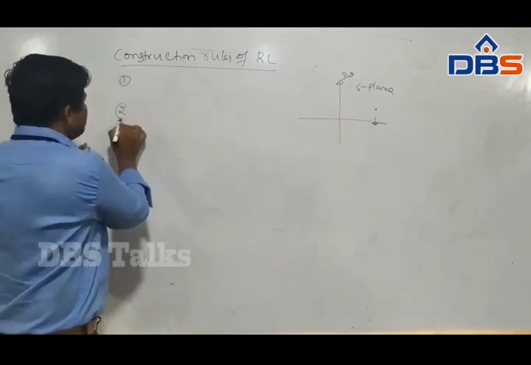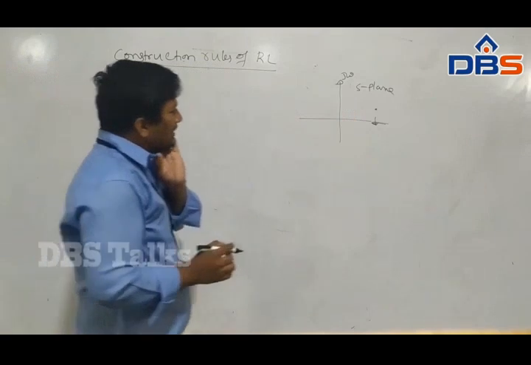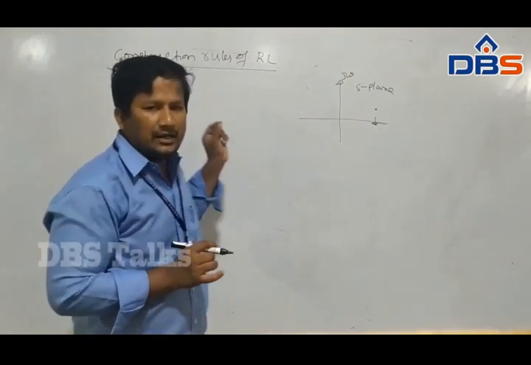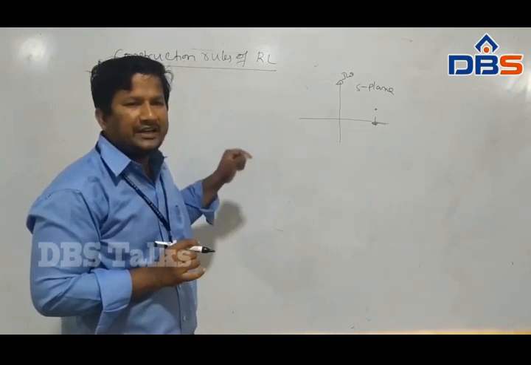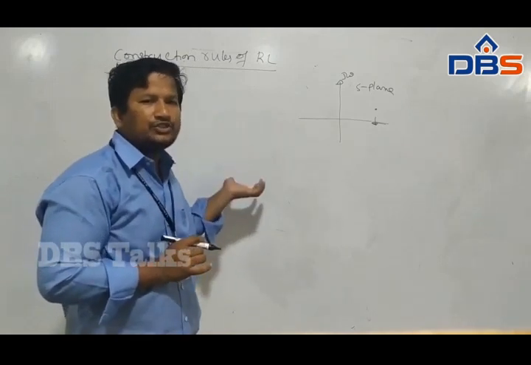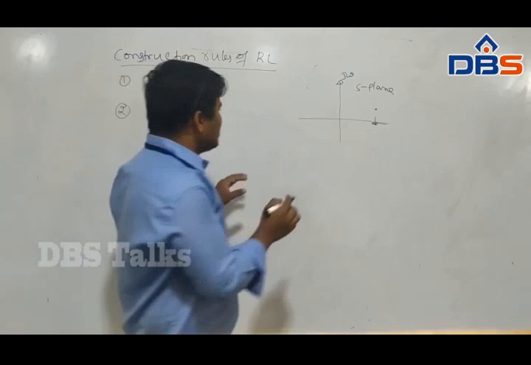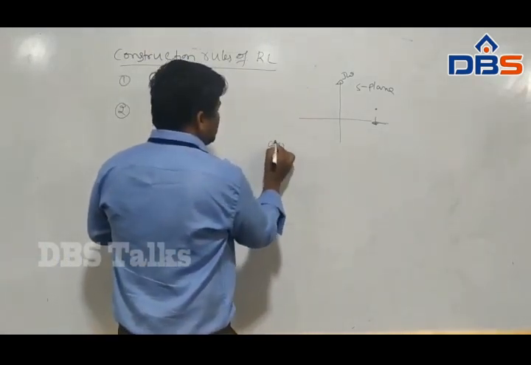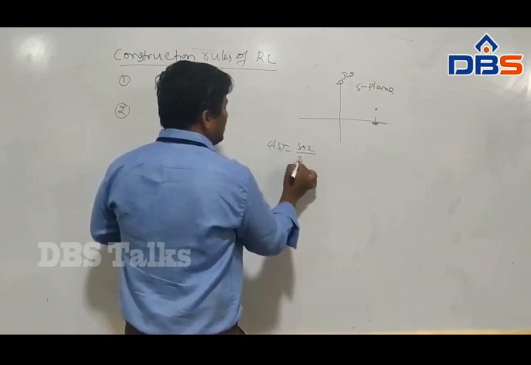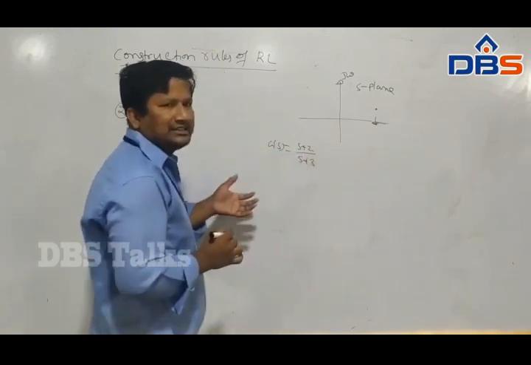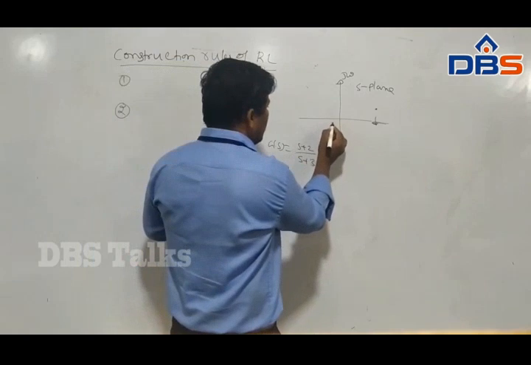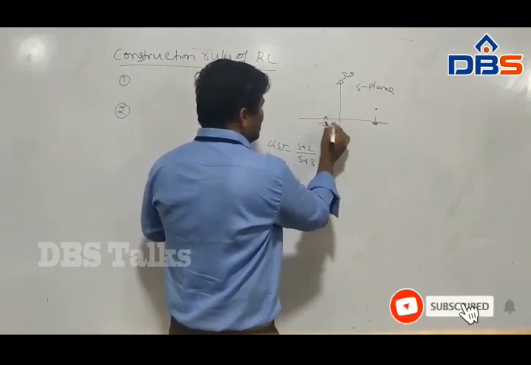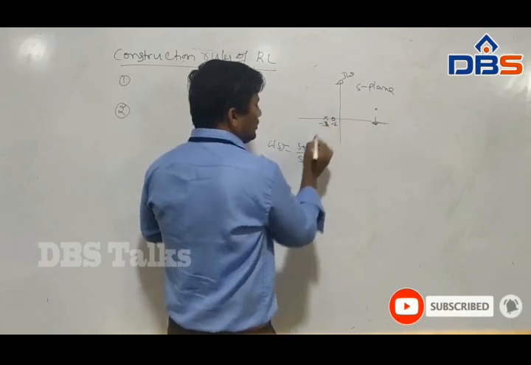The second rule is that the root locus diagram will start at the poles and it will terminate at zeros or infinity. Suppose the open loop system is given as G of s equal to s plus 2 by s plus 3. Then you get s equal to minus 3 as the pole and s equal to minus 2 as the zero.